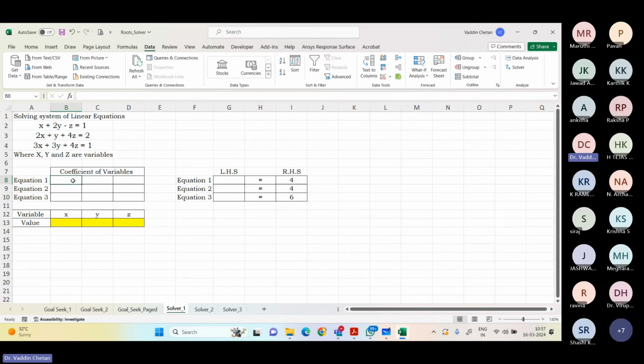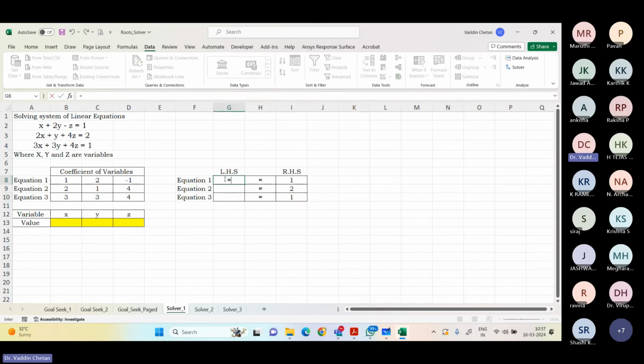The coefficient values are 1, 2, minus 1, 2, 1, 4, 3, 3, 4, and my RHS values are 1, 2.